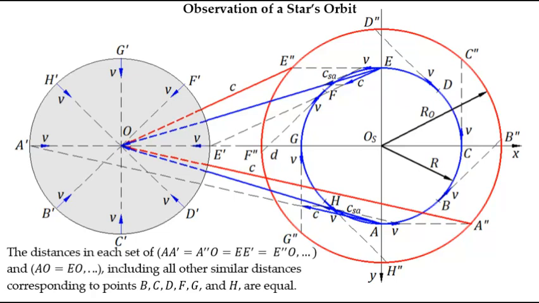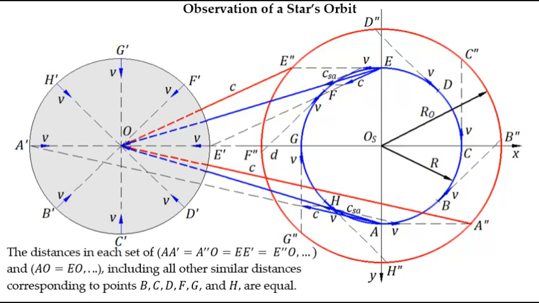At the point E, the star emits a wave front of light at the velocity c in the direction EE prime, which equals AA prime. This wave front travels along the path EO, which equals AO, at the same propagation velocity c sub A. The direction and magnitude of the velocity c do not change along the path EO.